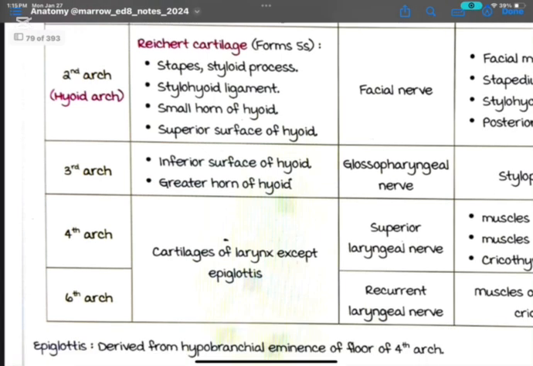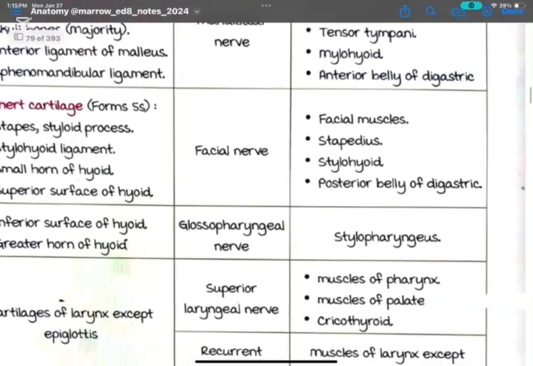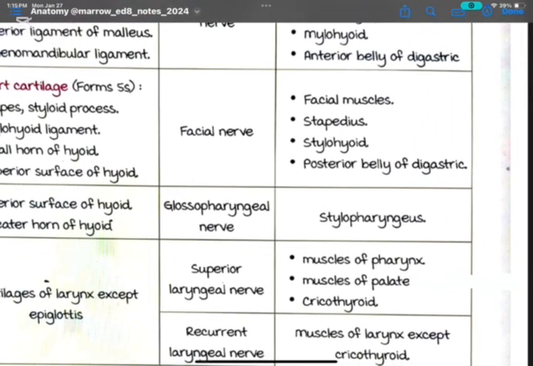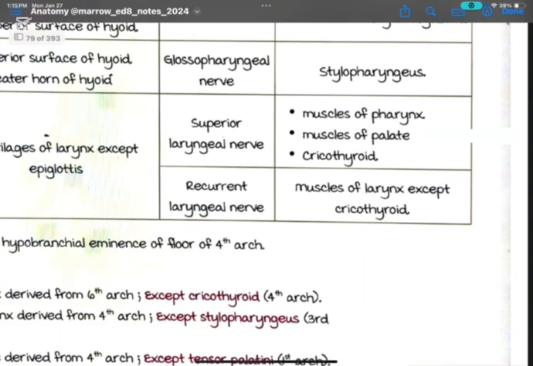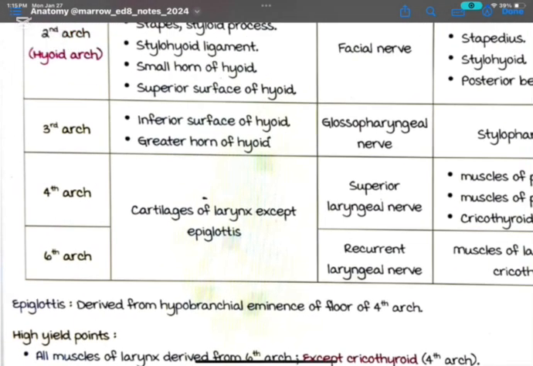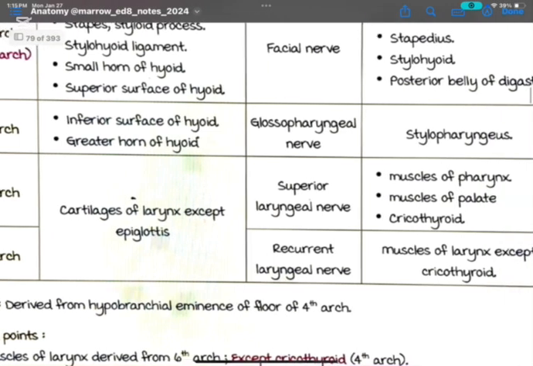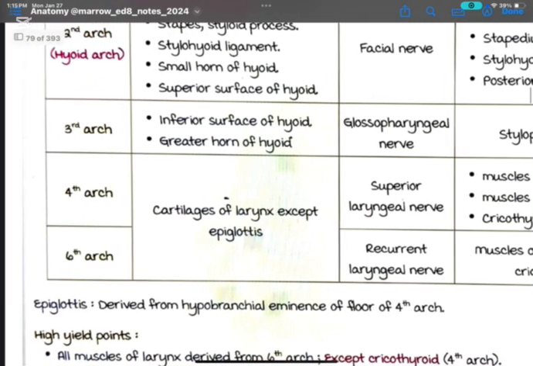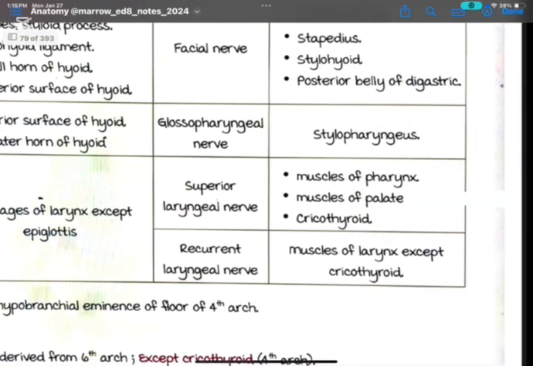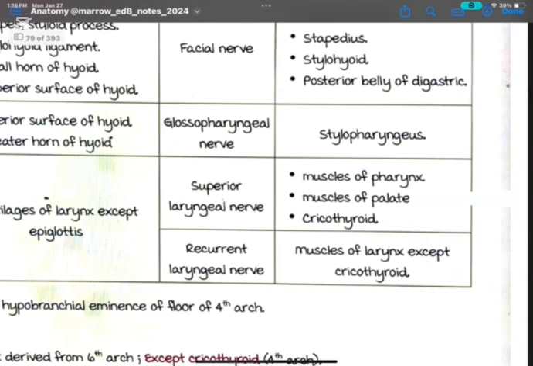Third arch: inferior surface of hyoid, greater horn of hyoid. The nerve of the third arch is the glossopharyngeal nerve. Stylopharyngeus is the muscle. Fourth and sixth arch: cartilages of larynx except epiglottis. The nerve of the fourth arch is the superior laryngeal nerve, and the nerve of the sixth arch is the recurrent laryngeal nerve.